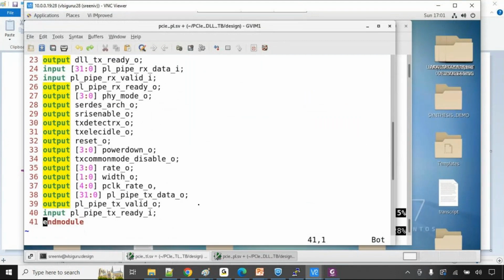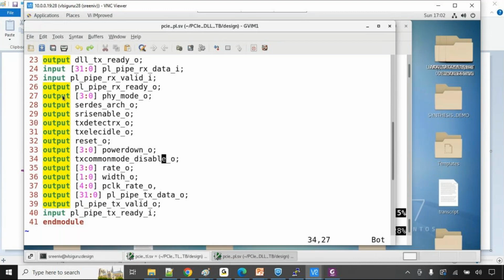Now you may say you haven't declared some of the signals. The point is we are not here to implement every part of the physical layer, and it is not practical to do in the limited duration we are doing. We are going to complete around 70 to 80% of the major part of the physical layer implementation. 10 to 20% definitely we are not going to do because of the time limitations.